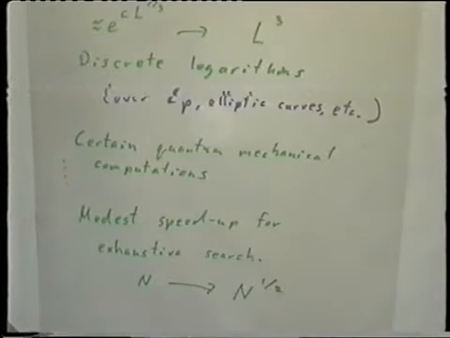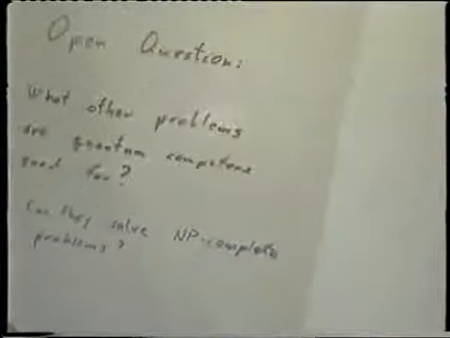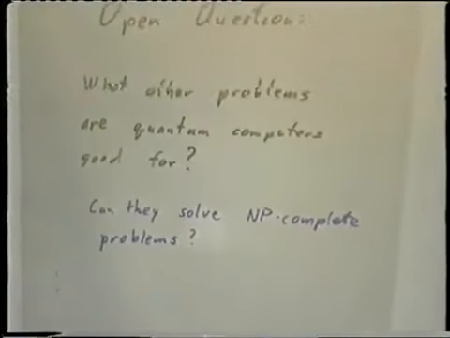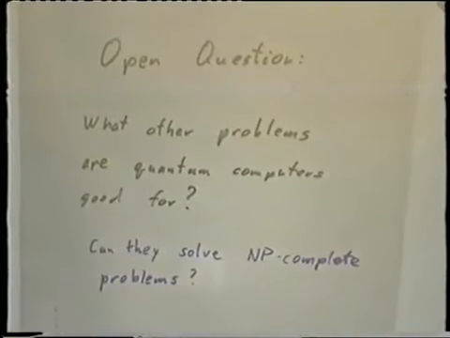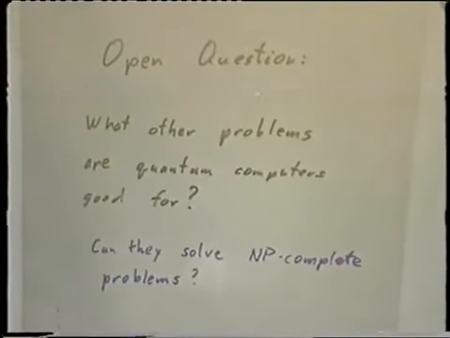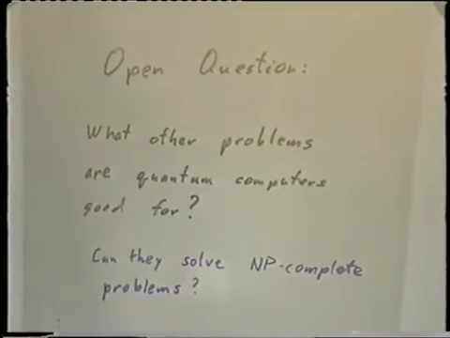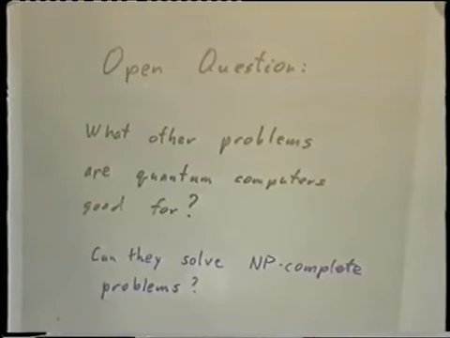But the big open question, I think, in quantum computers, is what other problems are quantum computers good for? We discovered all of these 3 problems 3 or 4 years ago, and I think people have been looking for other problems that they're good for, and nobody's really come up with any good ones.